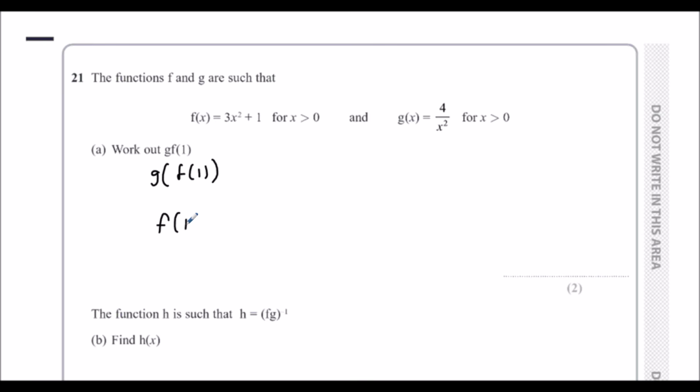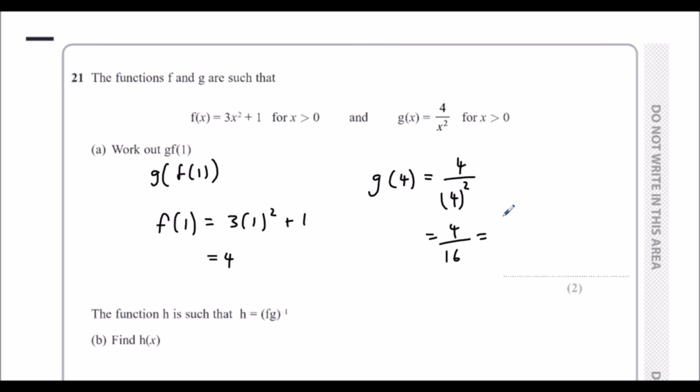So f of 1 is 3 times 1 squared plus 1. 1 squared is 1, so 3 ones are 3, plus 1 is 4. And we're putting that answer into g. So g of 4 is 4 over 4 squared, which is 4 over 16, or just a quarter simplified.